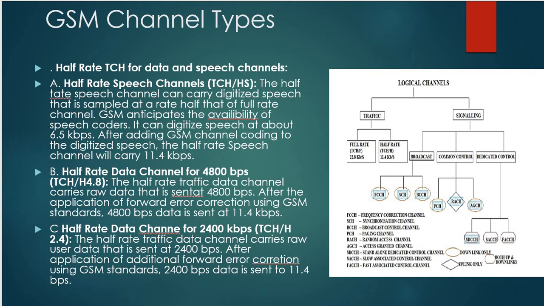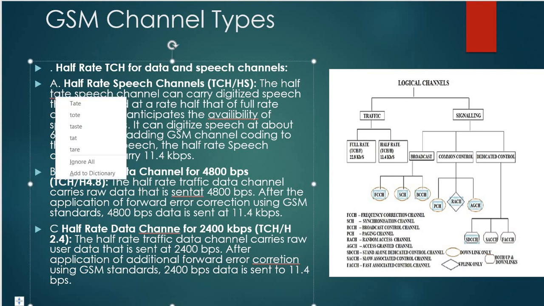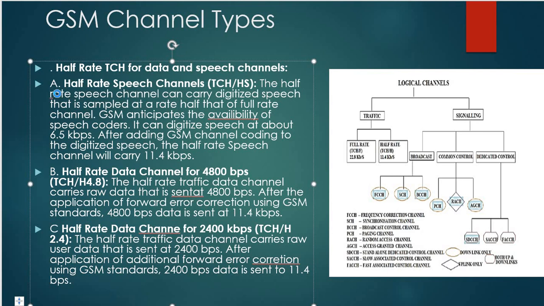Let's move on to the half rate TCH of data and speech channels. In the half rate speech channel, digitized speech can be carried that is sampled at half the rate of full rate channels. GSM anticipates the availability of a speech coder that can digitize speech at about 6.5 kbps.